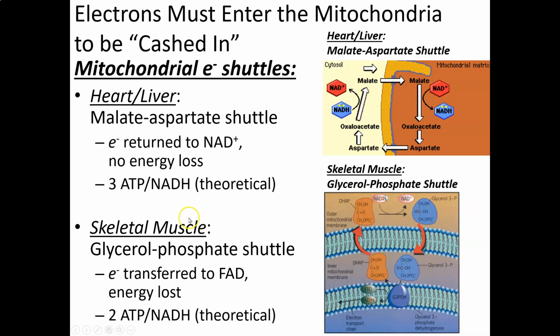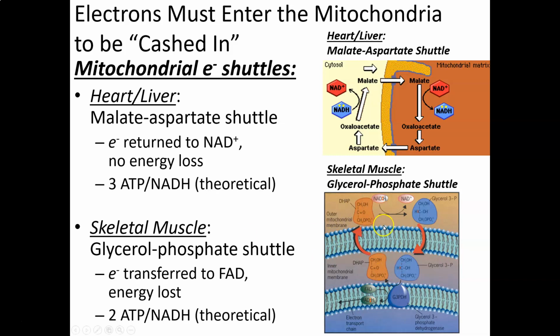Skeletal muscle, on the other hand, especially during high levels of exercise, needs to make as much energy as possible. So it uses a different system, and that system, for the most part, think of it as an active transport system. And in an active transport system, you're going to have to put energy in.